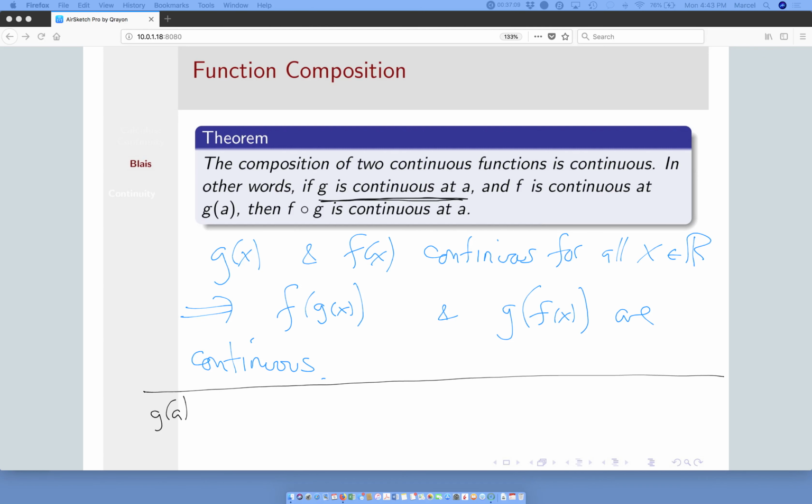But then f is continuous at g of a, which means you can feed this g of a to f. So we can use the fact that f is continuous at g of a.